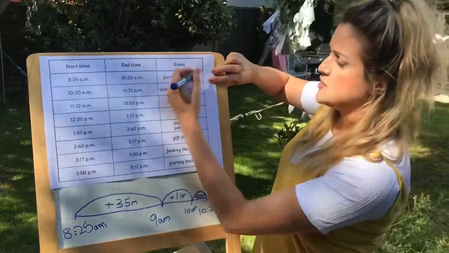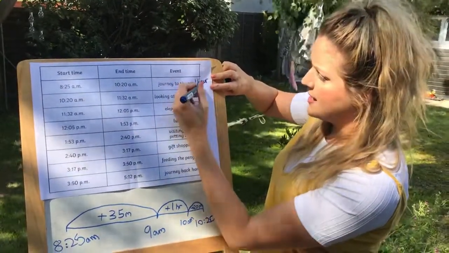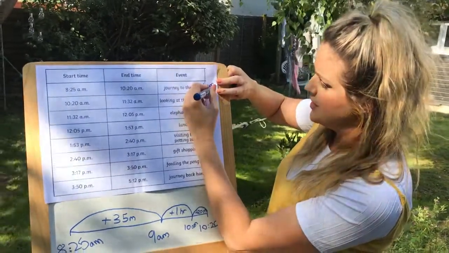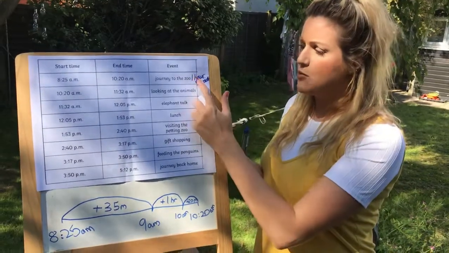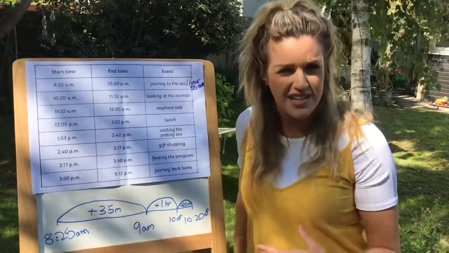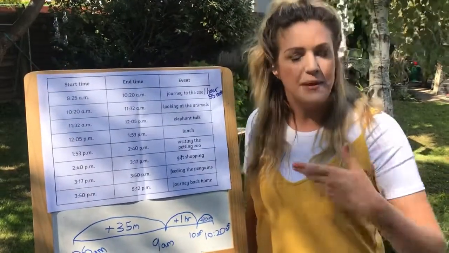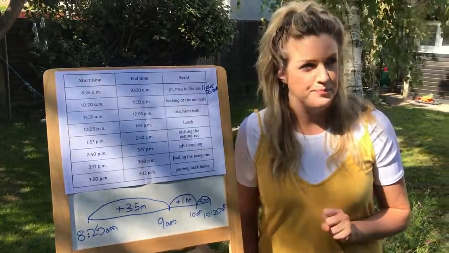So it will have taken 1 hour and 55 minutes. Okay, and keep it in hours and minutes. Don't do anything fancy like convert it all to minutes, because we don't speak like that. We speak in hours and minutes. Okay, let's do another one.